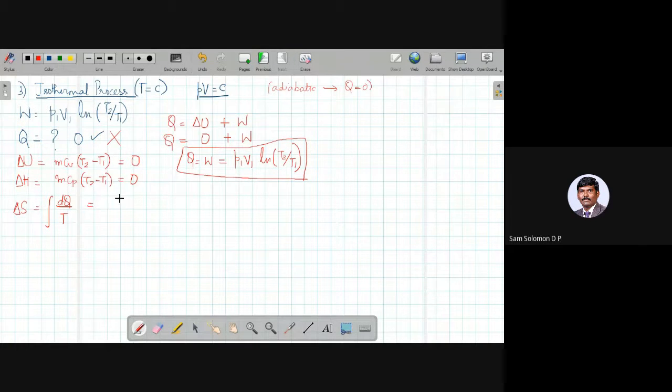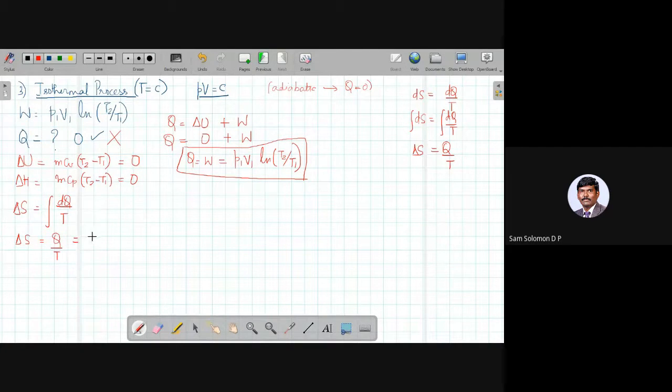So instead, what we will do is use Q by T. I have told you dS is dq by T. So when I integrate on both sides, I get delta S is equal to Q by T. In the previous cases, we could not use this form Q by T, so we took the integral of dq by T. In this case, we can't use the integral of dq by T, so we use the form Q by T. So to avoid confusion, let me remove this equal to, and I can write this as delta S is equal to Q by T.